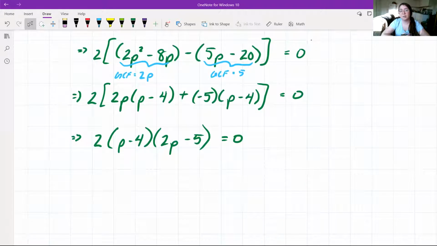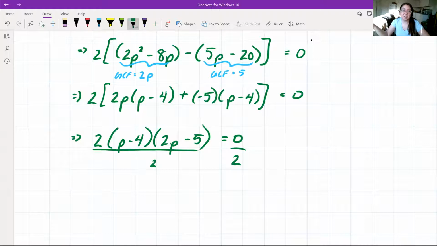Since we have this whole equation equal to 0, we can actually just divide each side by 2 and get rid of the 2 completely, because our zero factor property only allows us to use a and b. It doesn't allow us another coefficient or another variable. So we'll divide each side by 2.